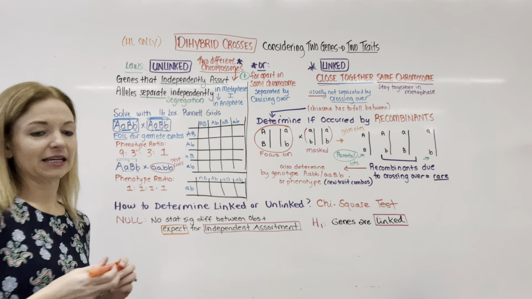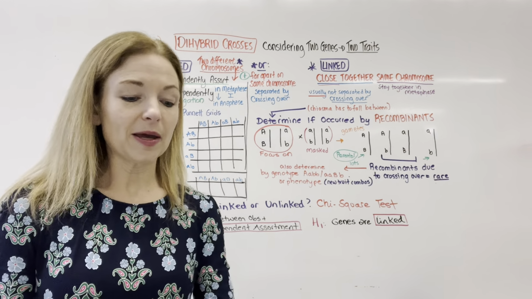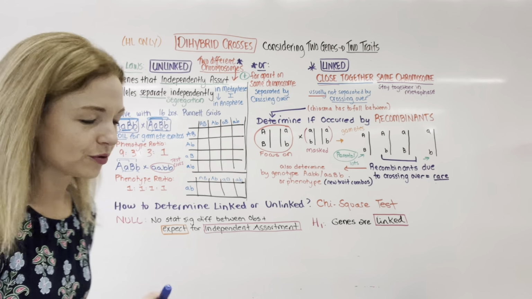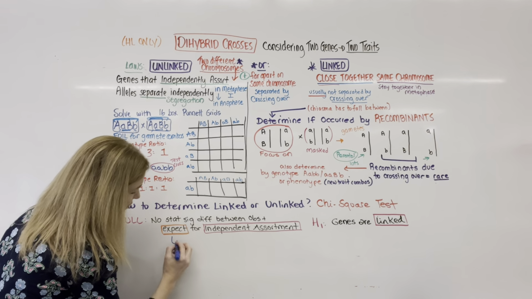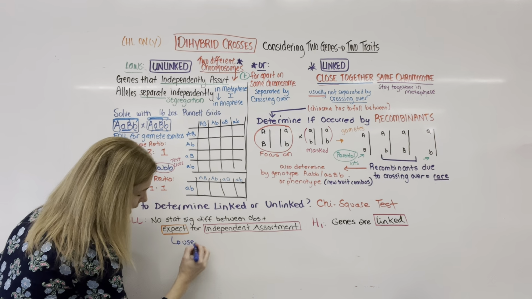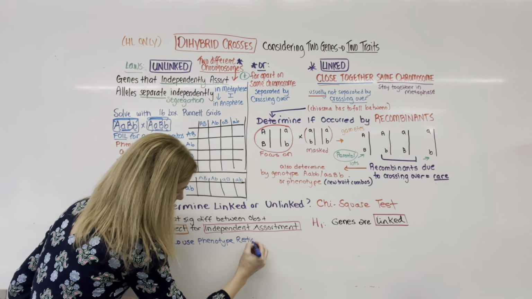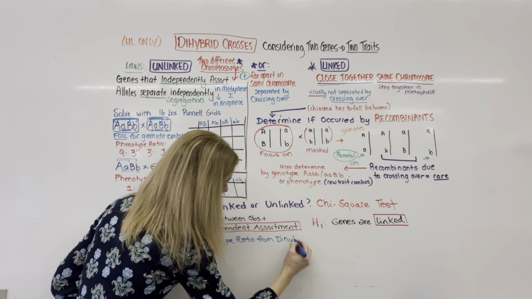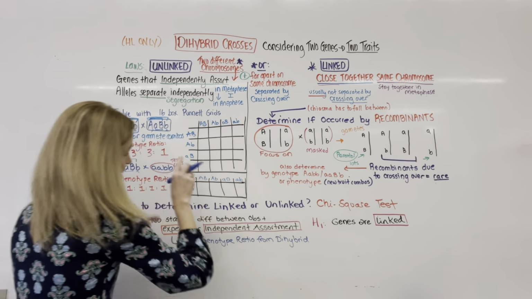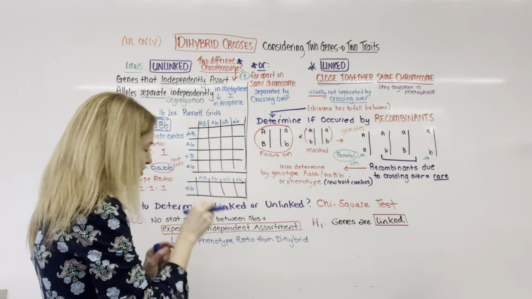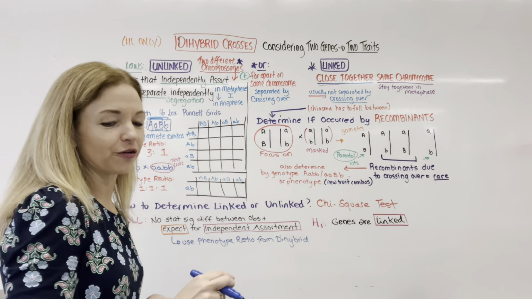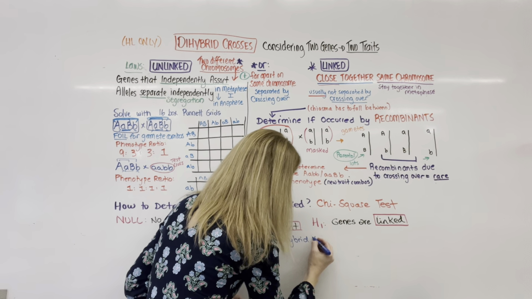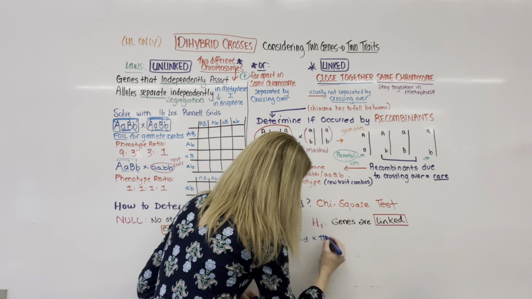Since the expected is presumed on independent assortment, we're going to use the phenotype ratio from a dihybrid. So you're going to do the dihybrid, or you're going to not do it because you've already memorized your ratios. So use the phenotype ratio from the dihybrid and multiply each ratio by the number of offspring.